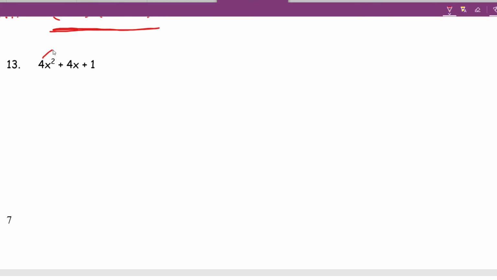Likewise, same things. I'm going to do the first step, 4 times the 1, which is going to give me 4. So I'm going to think of 2 numbers which will multiply together to give me 4, and add together to give me 4x.